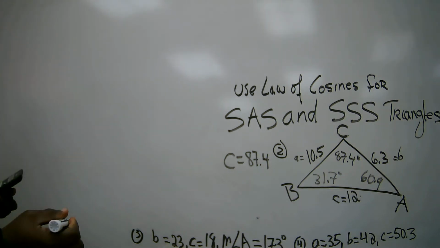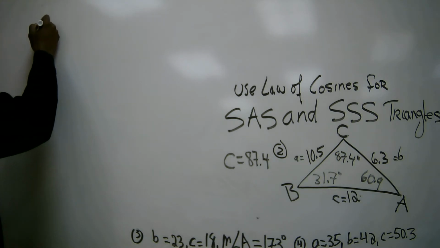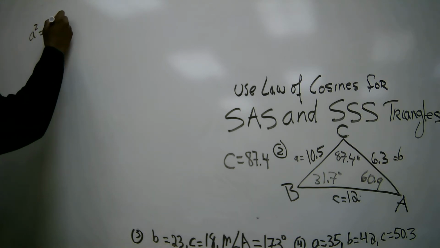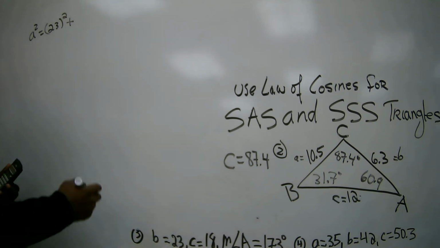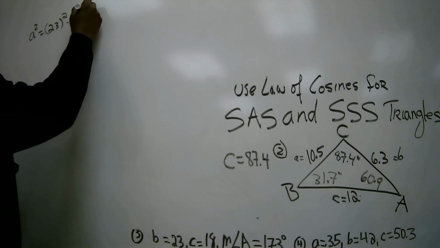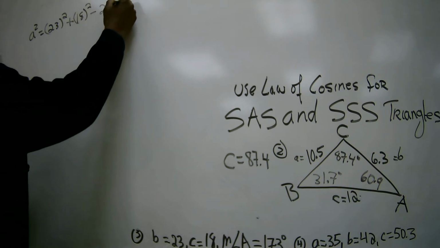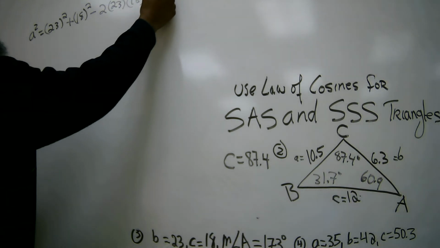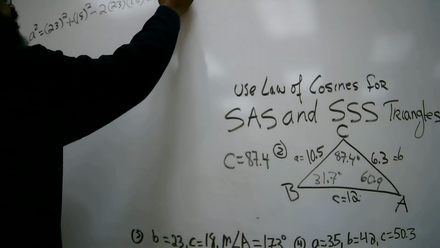A squared equals B squared, which is 23 squared, plus C squared, which is 18 squared, minus 2 times 23 times 18 cos A, and A is 173 degrees.